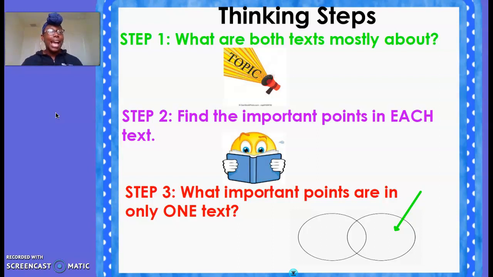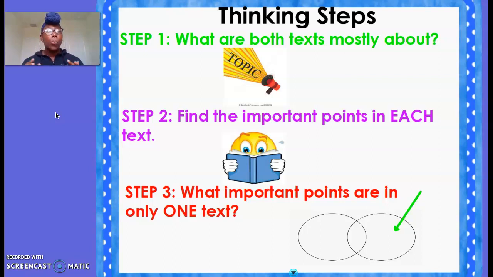In order to do that, I do 3 steps. So I say the step, then you say the step. Step 1. What are both texts mostly about? Say it. Good. I hope you said it.